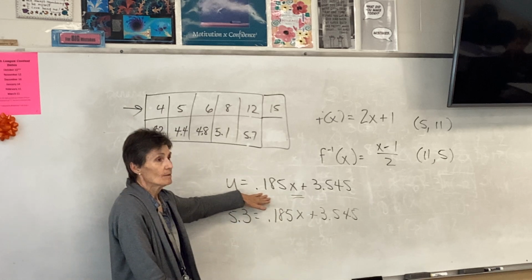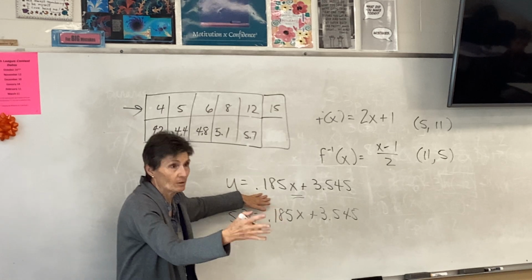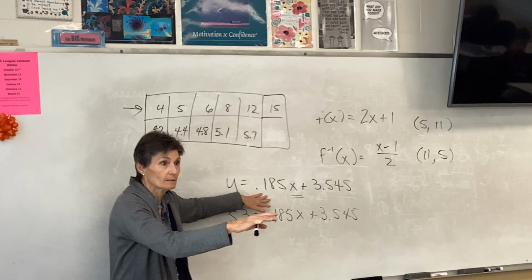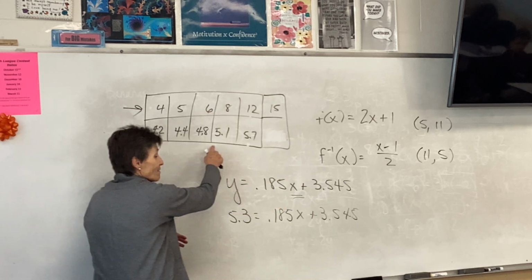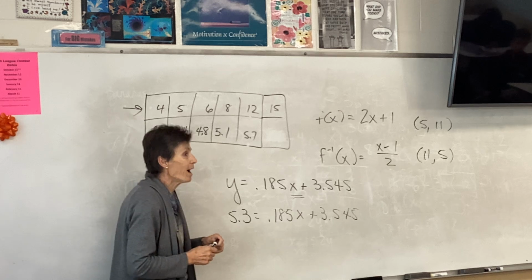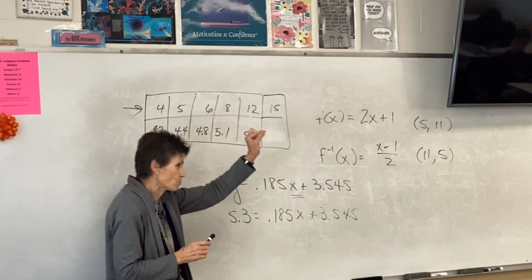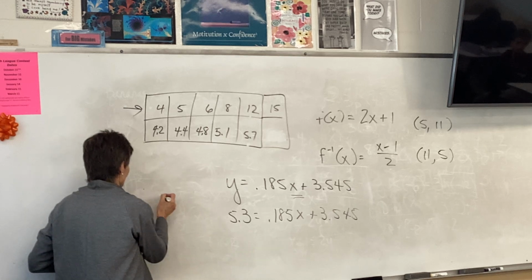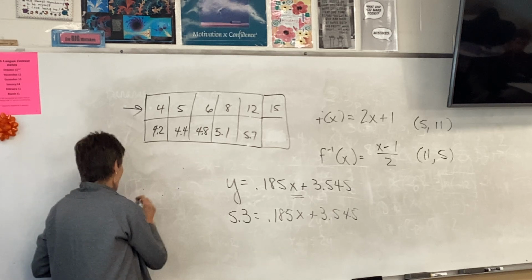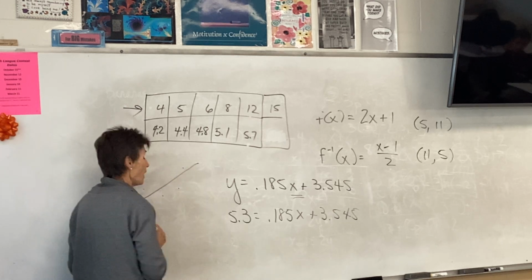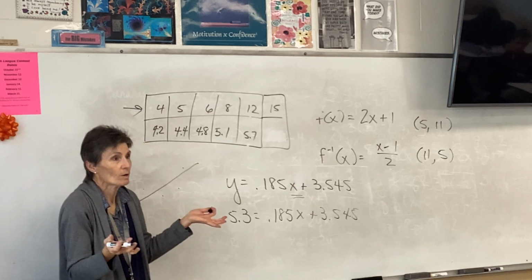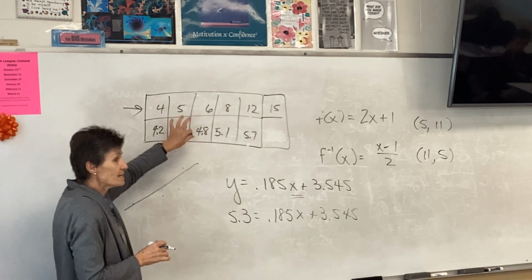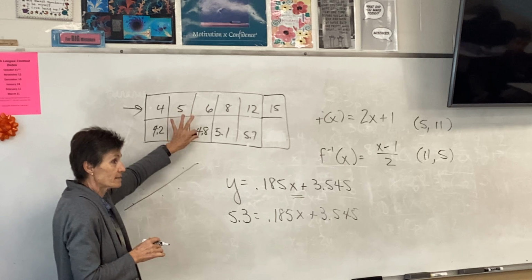This is a model, it's an approximation. These 5 points don't lie in a perfectly straight line. They lie like this, and we wrote the equation of a line that was the best fit for it. But these are actual data points.